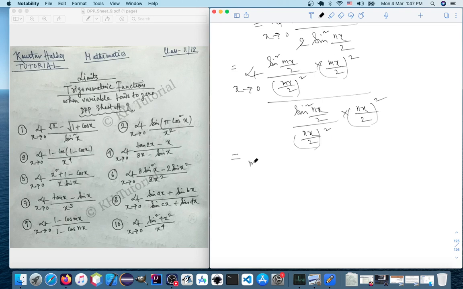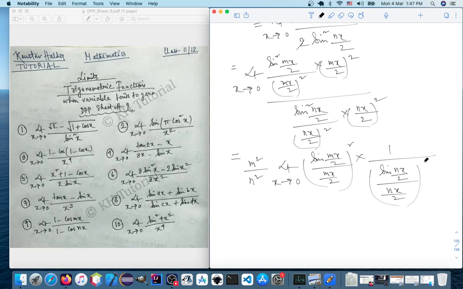If we bring that out, we are left with sine mx by 2 divided by mx by 2 whole square, and here we have sine nx by 2 over nx by 2 whole square.